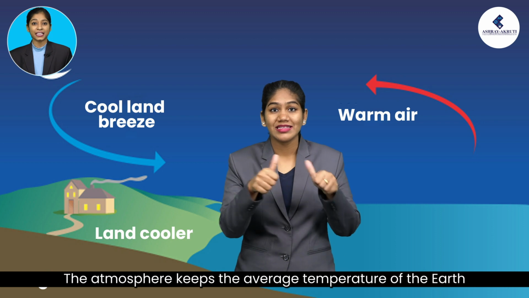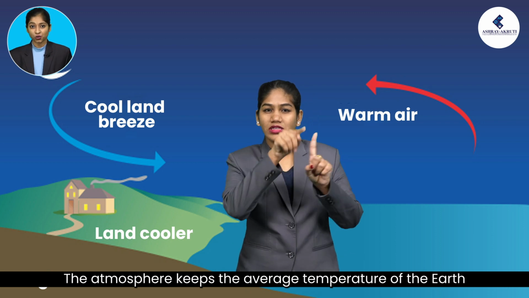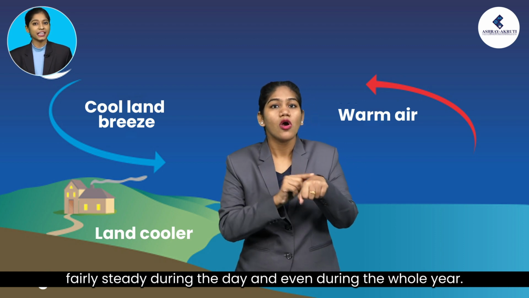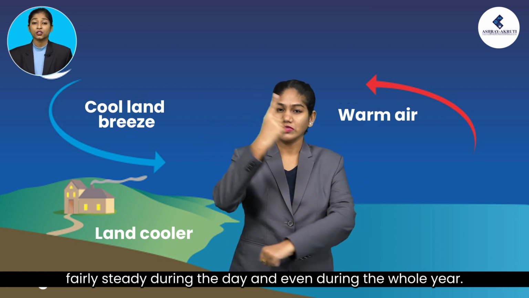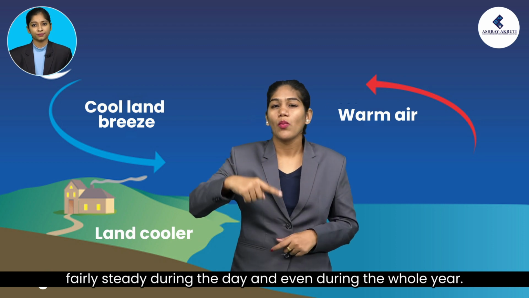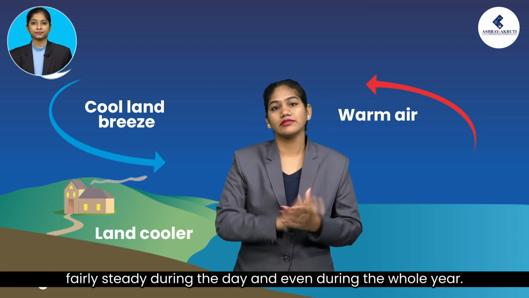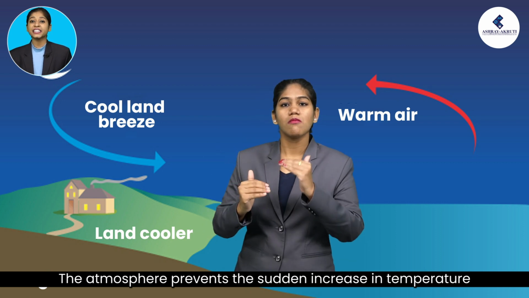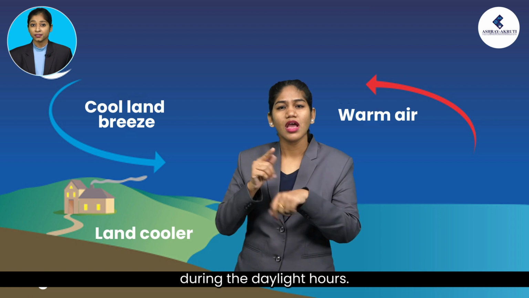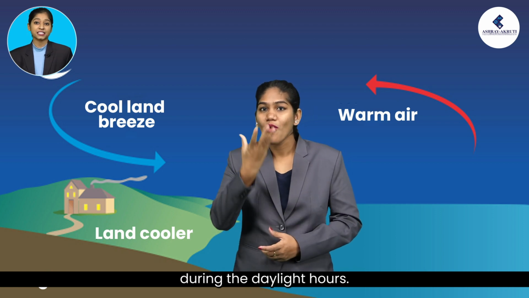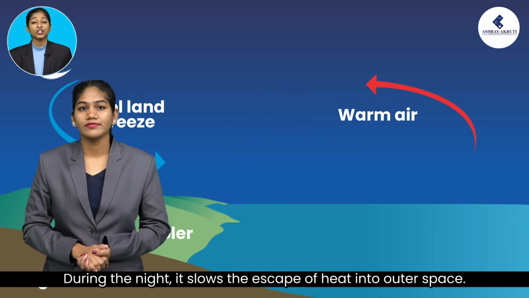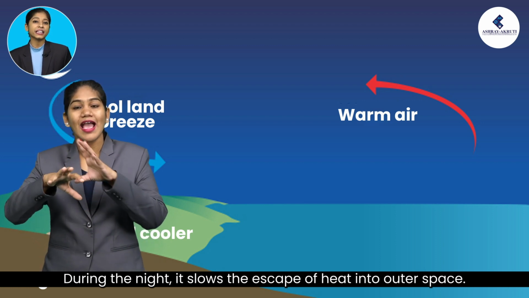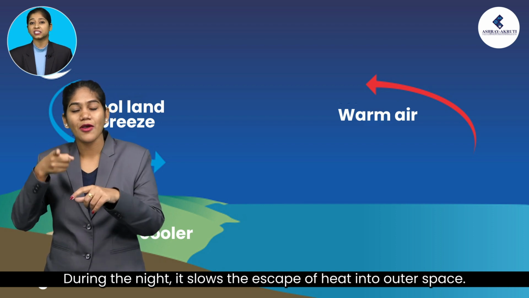The atmosphere keeps the average temperature of the earth fairly steady during the day and even during the whole year. The atmosphere prevents the sudden increase in temperature during the daylight hours. During the night, it slows the escape of heat into outer space.